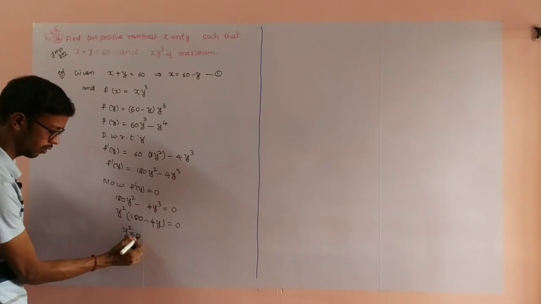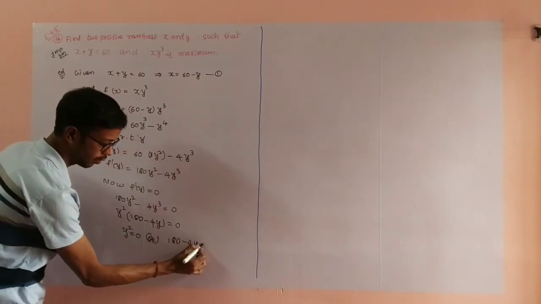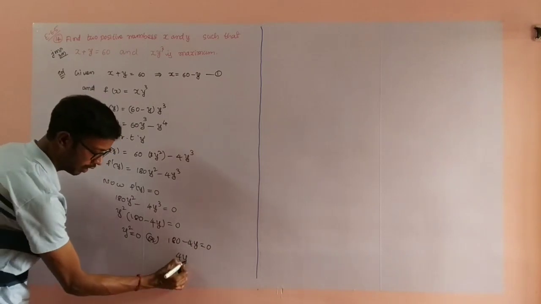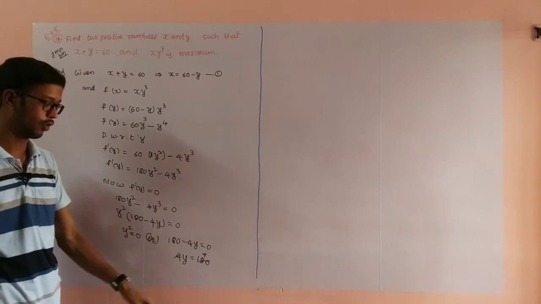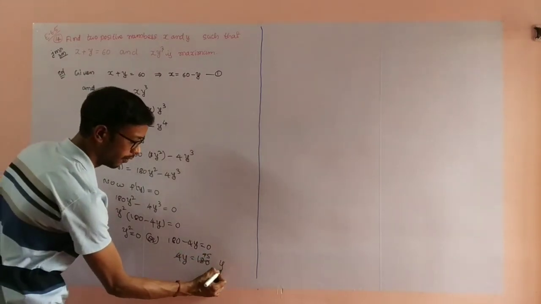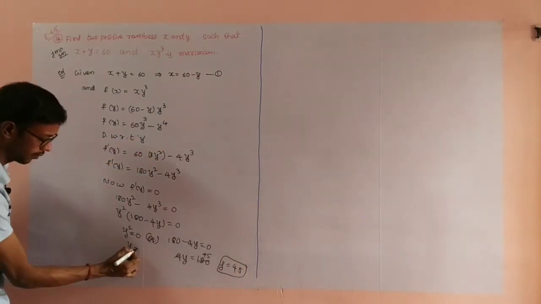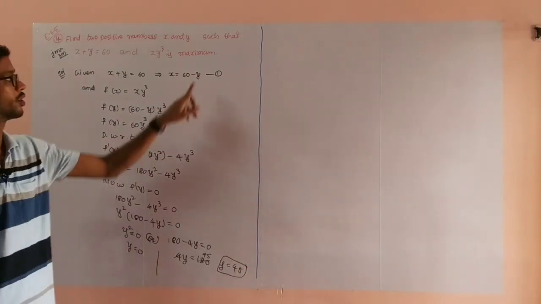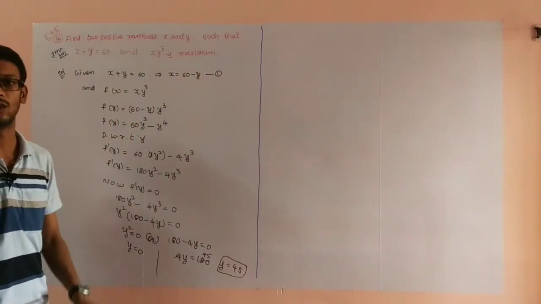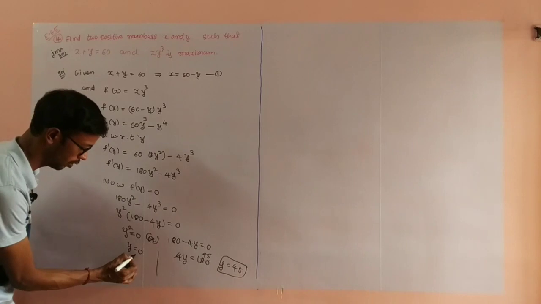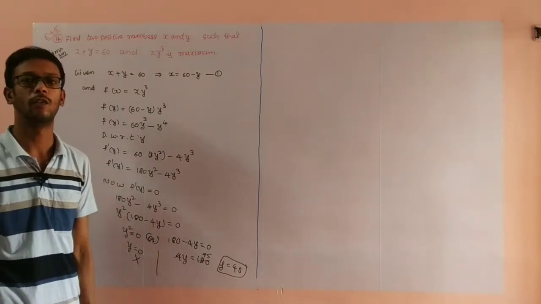Y square is equal to 0 or 180 minus 4y equal to 0. 4y equal to 180. 4 4s are 16, 4 5s are 20. Y equal to 45. Here y equal to 0, but the question is maximum. If you take y as 0, the total will be 0. That is a minimum, not maximum. So don't take y equal to 0. Only take y equal to 45.